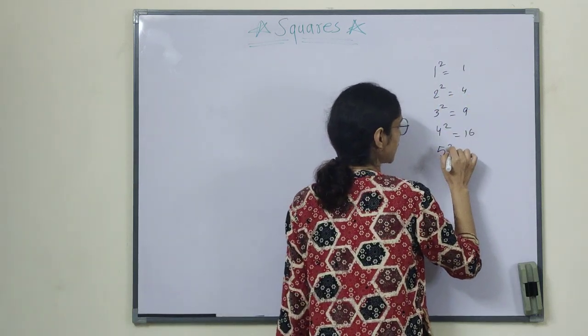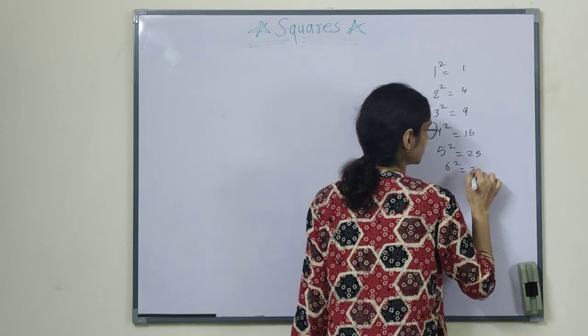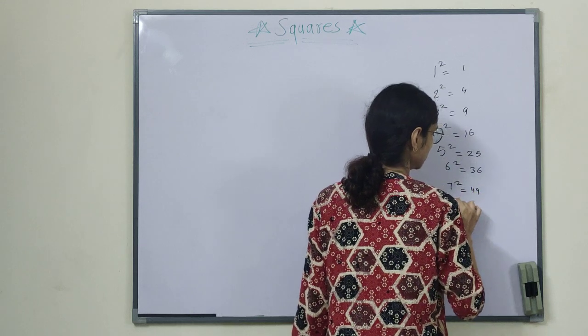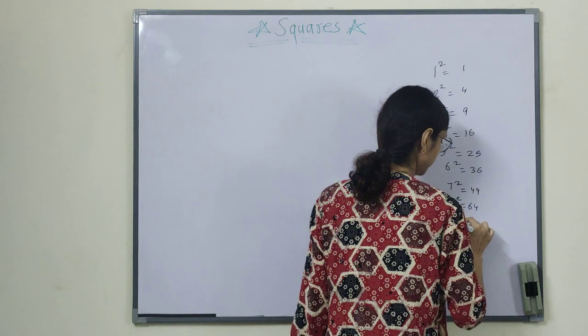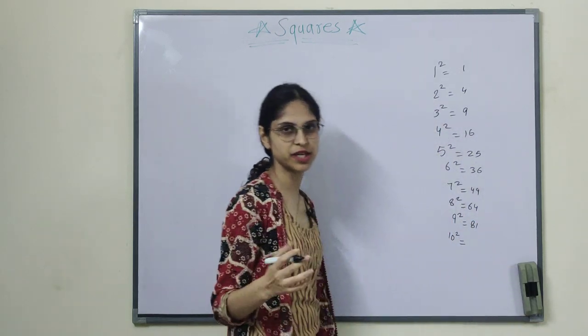And 5 square is 25, 6 square is 36, 7 square is 49, 8 square is 64, 9 square is 81 and 10 square is 100 because 10 times 10 is 100.